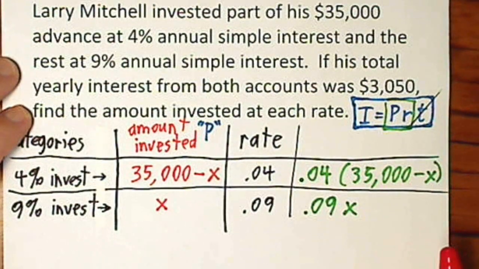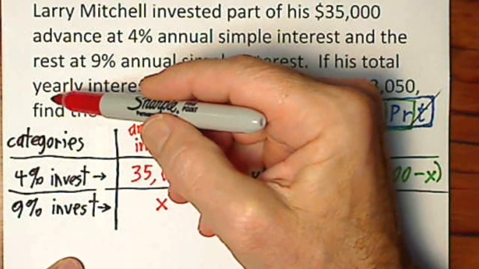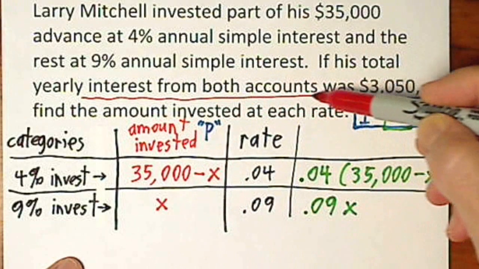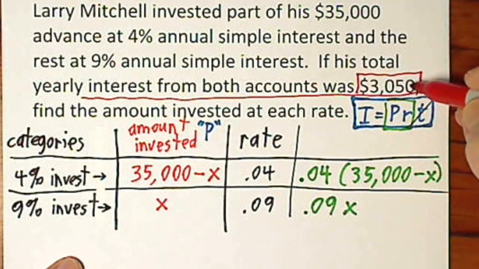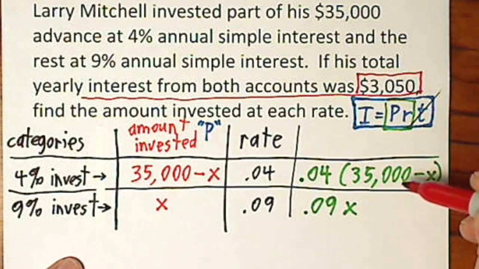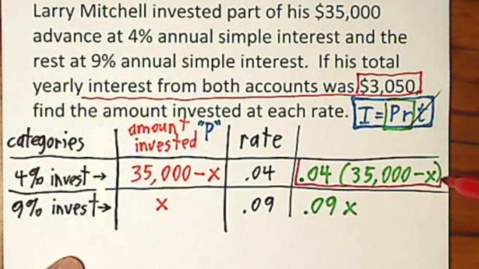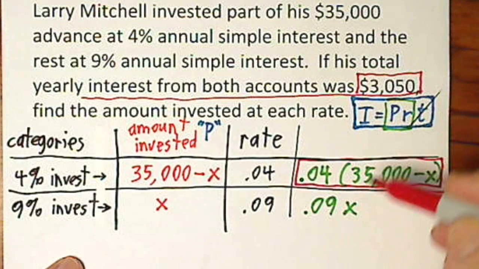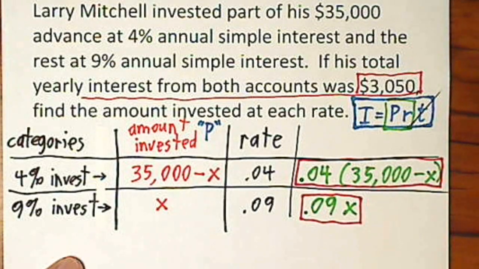But we are able to write an algebraic equation now. And think about this. If the interest from both accounts was $3,050, and this describes the interest from the first investment, this describes the interest from the second investment.